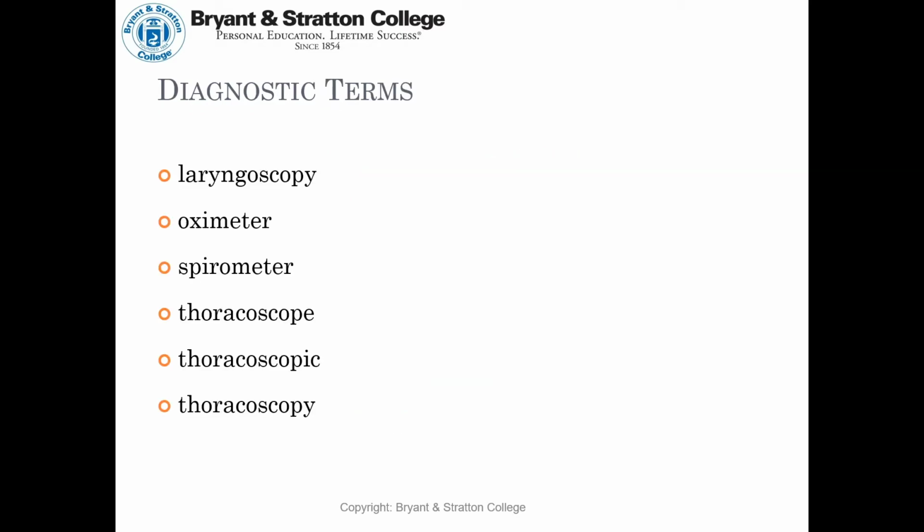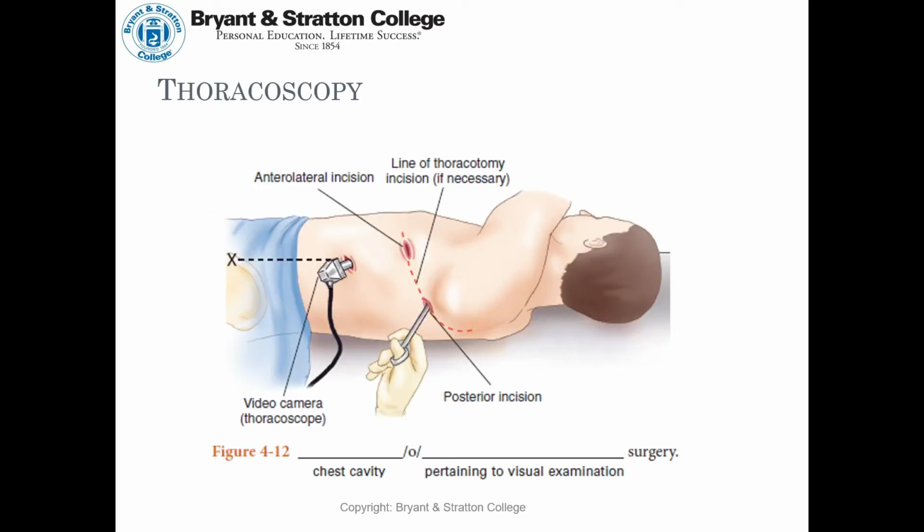So diagnostic terms, again, I've covered several of these already. With a thoracoscope, it's a very similar idea to an arthroscopic procedure where you make a very small incision, this time in the thoracic cavity instead of the joint cavity, and you insert the small camera and scope to take a look around.